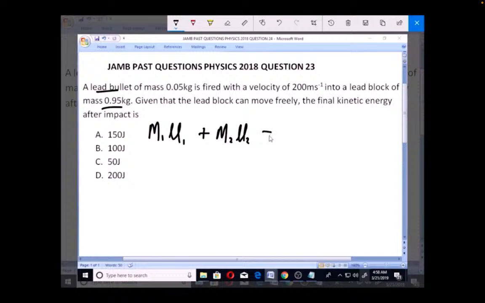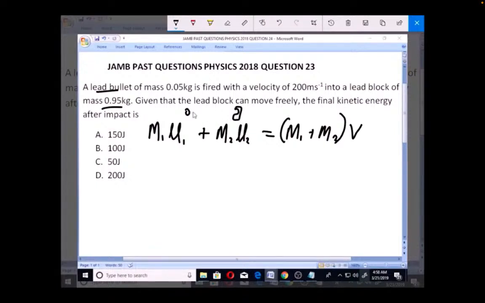After there is an impact, you're not going to have the two masses separately, m1 plus m2. Now the masses are together, moving with one single velocity v. So this is the right expression to solve this. This is the bullet and this is the block.